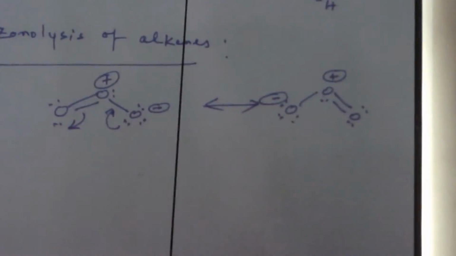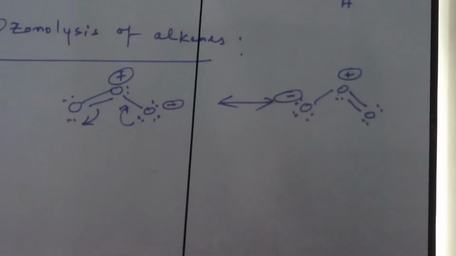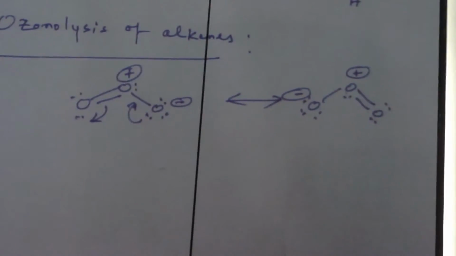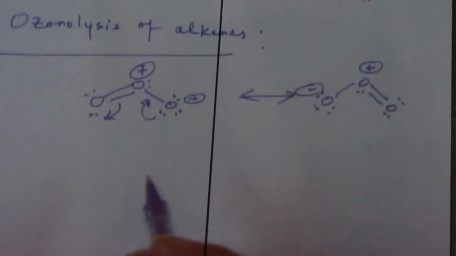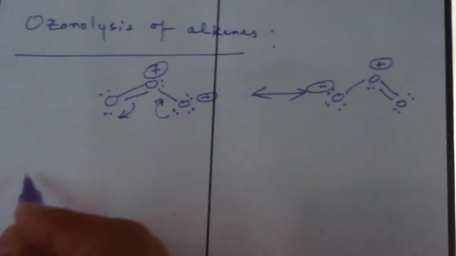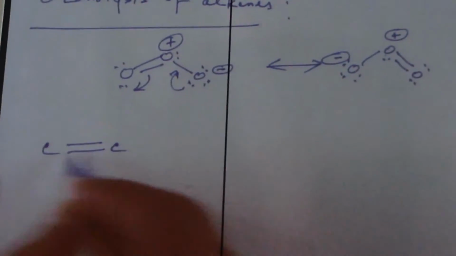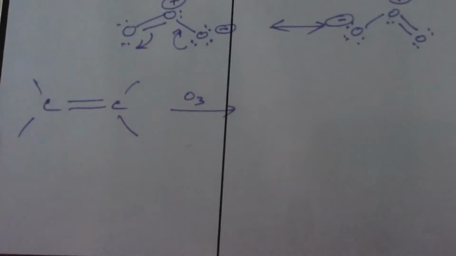Now the ozone can be added to a carbon-carbon double bond, forming what is known as an unstable ozonide. So again, let's assume that you have a carbon-carbon double bond. You treat it with ozone.